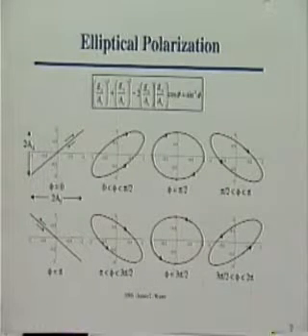Now let's go back to the Stokes parameters, and we're going to play with them just a little bit and see what they mean more. The first one, if we remember from last class, was S naught equal to 2 I naught. Remember the I naught came from this first filter, which was an isotropic filter, passing all states equally.